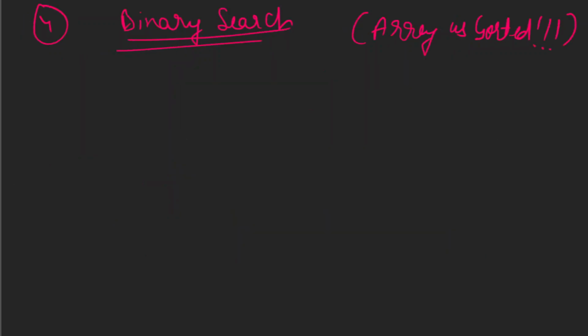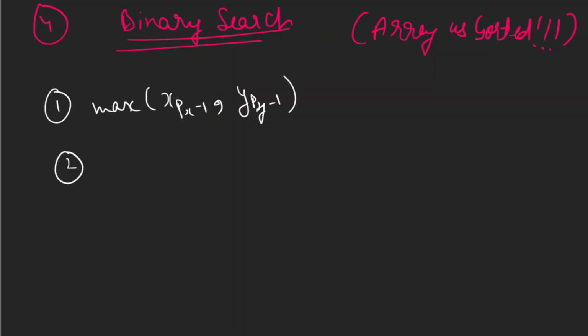So let me write the conditions. The first condition is pretty much clear: the max of x of px minus 1 and y of py minus 1 has to be smaller than or equal to min of x of px and y of py.